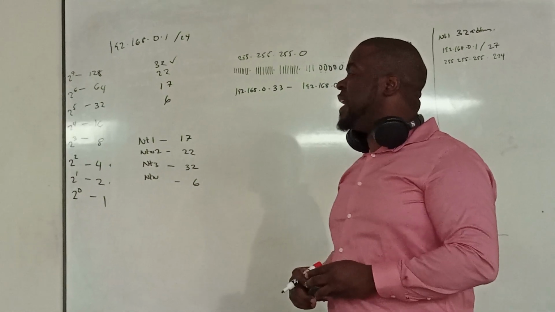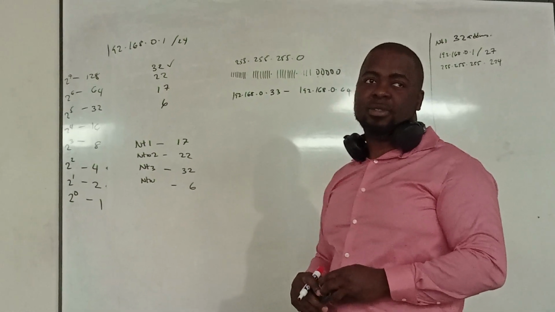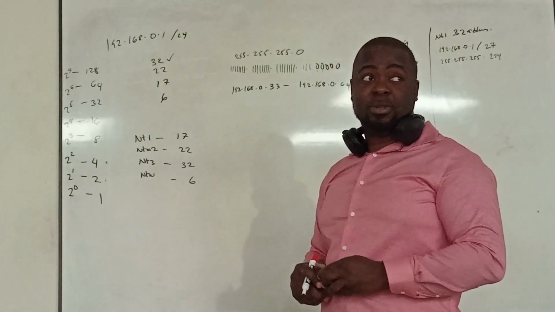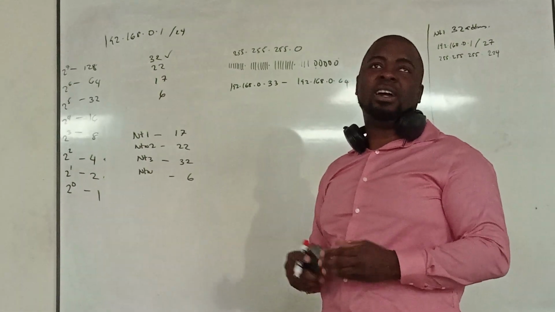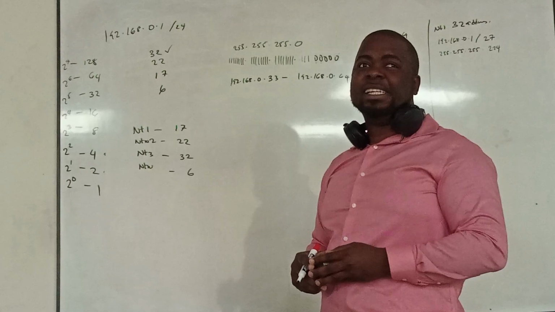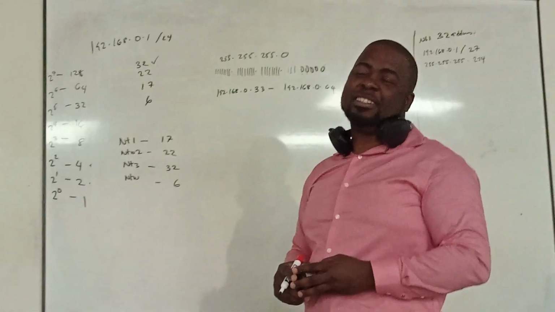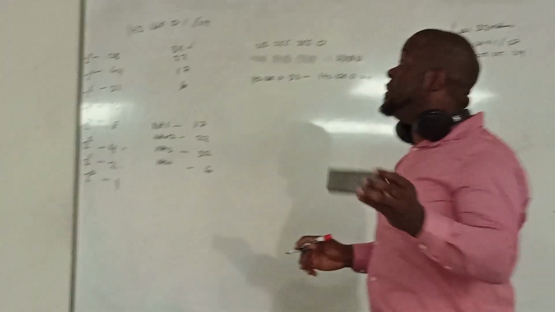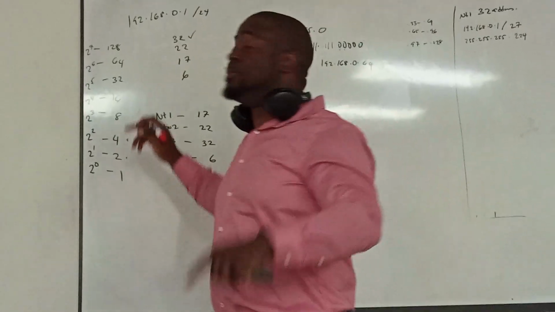So this is my example, and my example is actually flawed. If it's 32, then it's not going to work the way I want it to work. Let me change it.